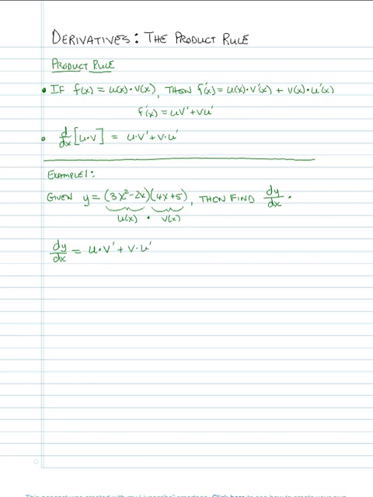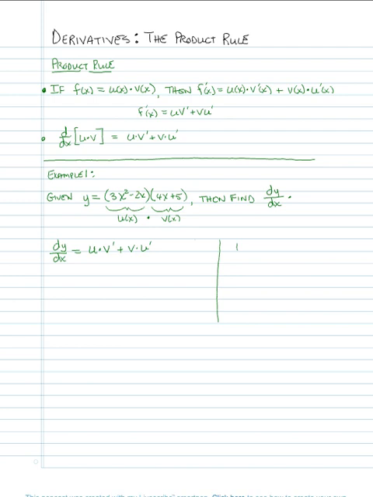Once again, first function times derivative of the second plus second function times derivative of the first. Now, when we're learning this rule in the very beginning, eventually we'll want to accelerate the way we do our problems. But when we're doing this rule in the beginning, until we feel very comfortable, we just write down the parts.